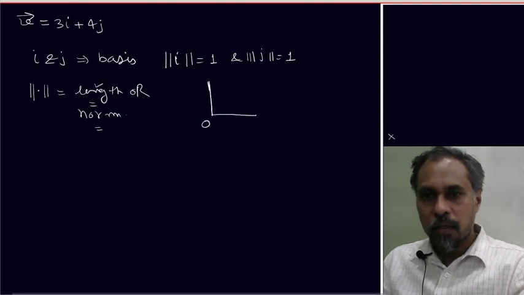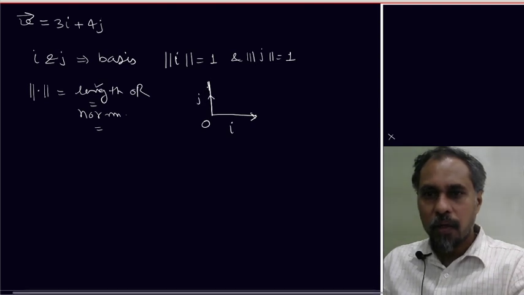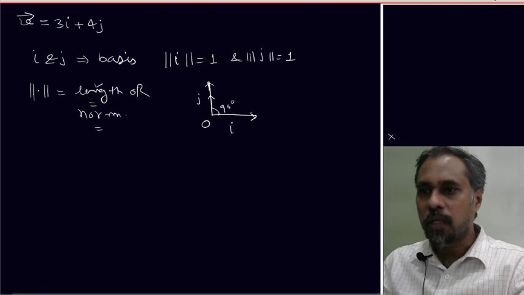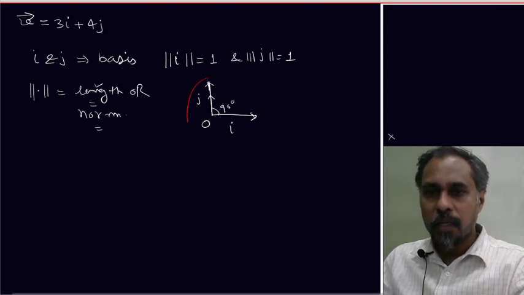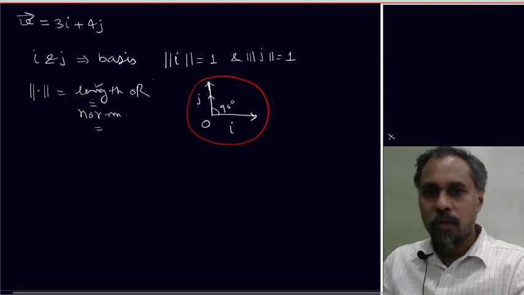So I start this sketch from the origin O, and this is the vector i, and this is the vector j, which are perpendicular to each other, and the lengths of these vectors are unit. So these are unit vectors which are perpendicular to each other, and this system forms the basis over which the vector v is formed.